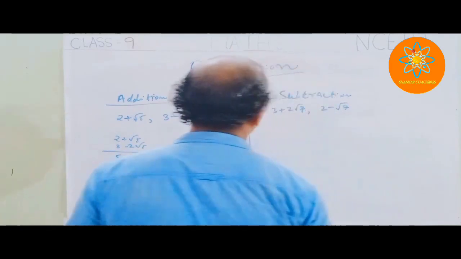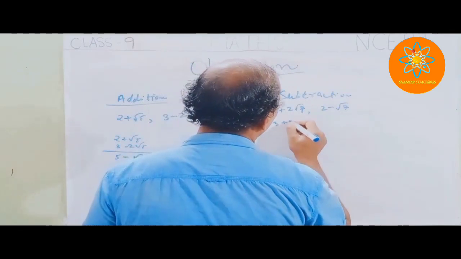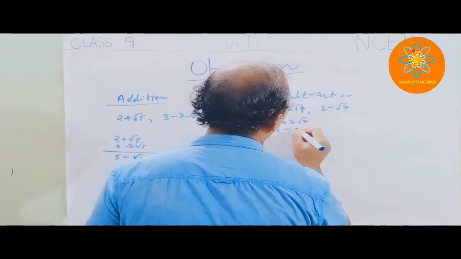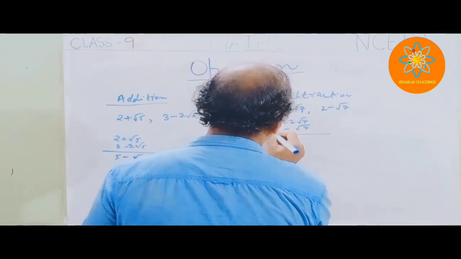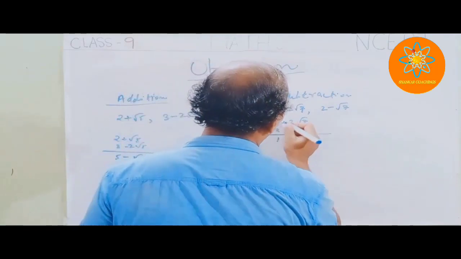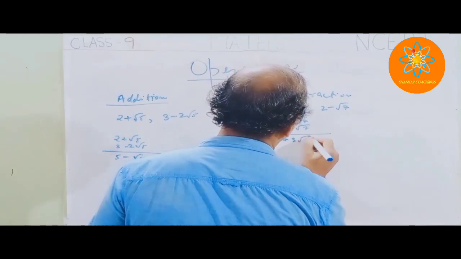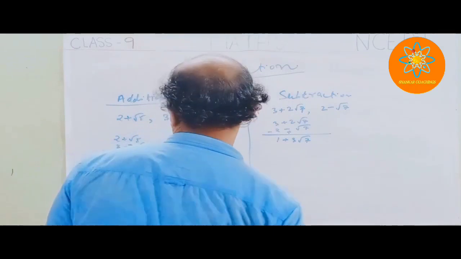I want to subtract these two. So how will I subtract these two? 3 plus 2 root 7. Here it is 2 minus root 7. For subtracting, I will change the sign here. So 3 minus 2 is 1. And this is your plus 3 root 7. So this is the subtraction process.